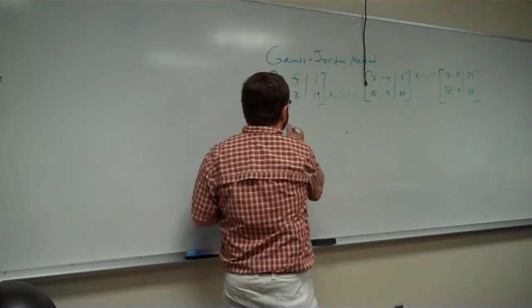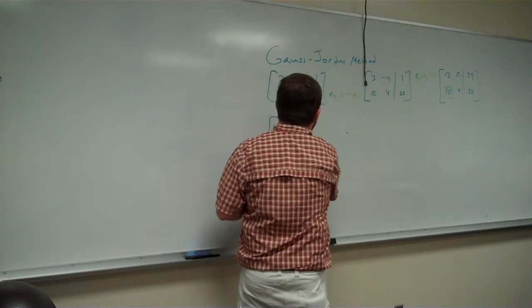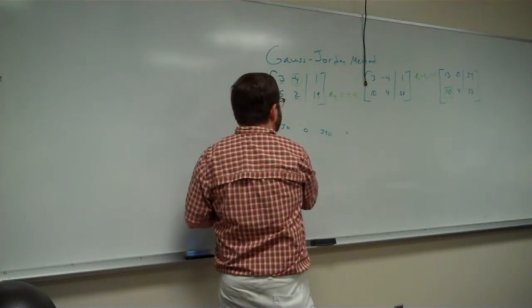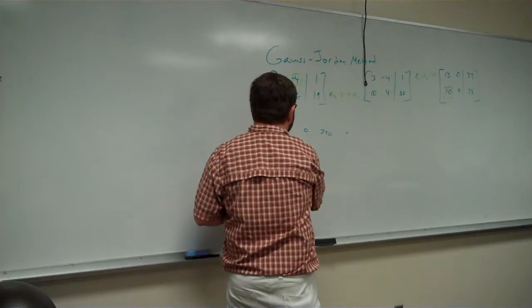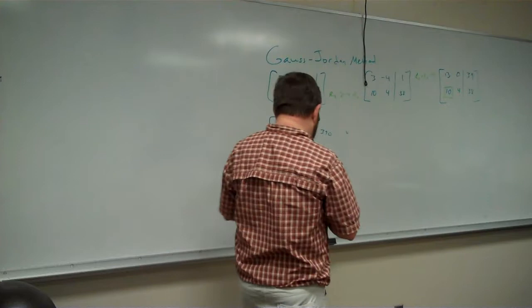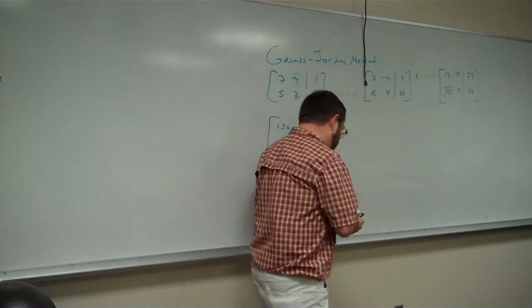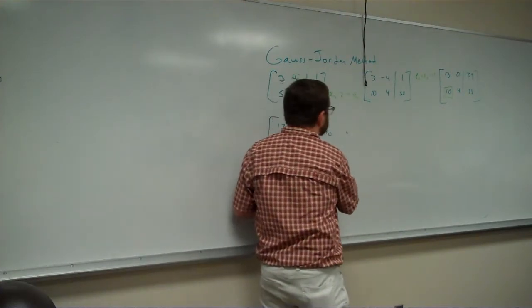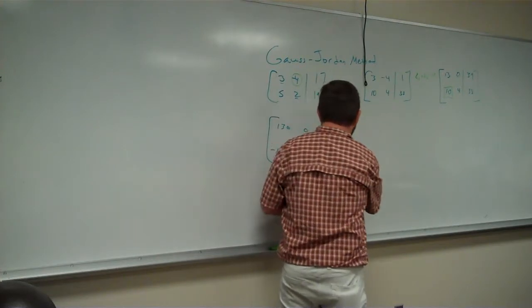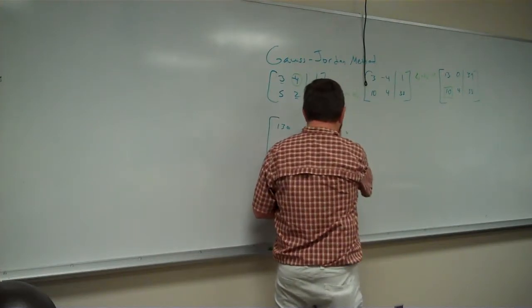Alright, so that top row becomes 130, 0, 390, and let's multiply that bottom number by negative 13. 4 times negative 13. Let me confirm it here. Negative 52. And 38 times negative 13 is negative 494.